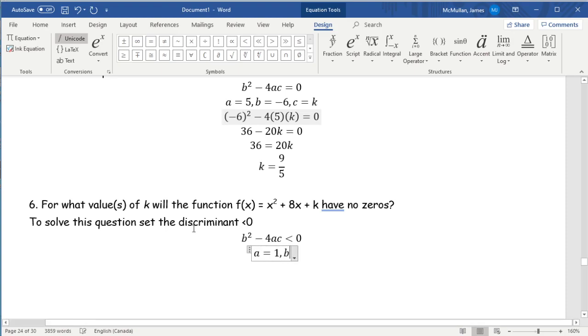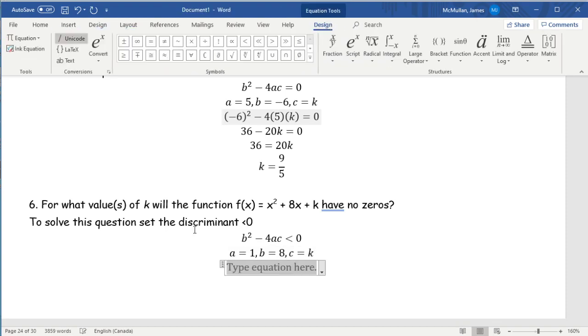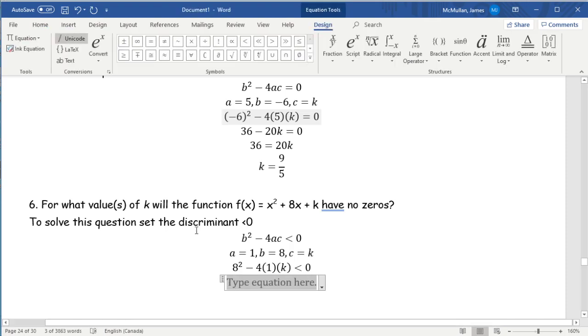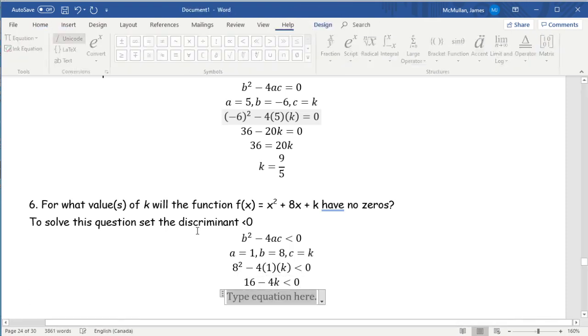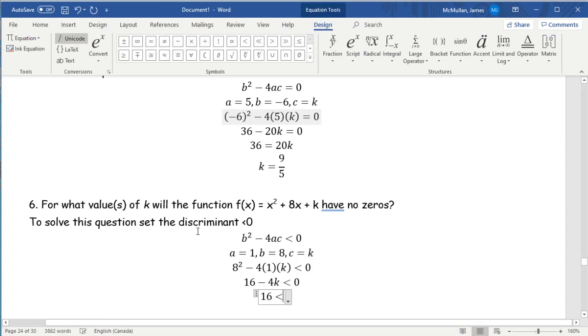Let's write in what we know. A is 1, b is 8, c is k. We don't know c, right? So let's fill in what we know. 8 squared minus 4 times 1 times k has to be a negative number. So let's go 16 minus 4k is less than 0.